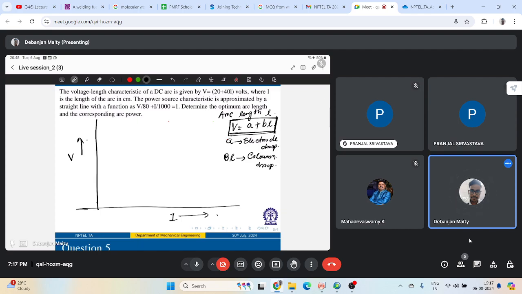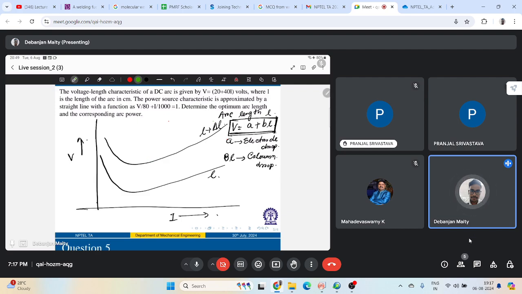Now, this is the voltage-current characteristic. Let me draw. This is one, and for some different arc length, this is another one. So let's say this is for arc length L and this is for arc length L plus delta L. Now there are two different kinds of power source characteristic, right?